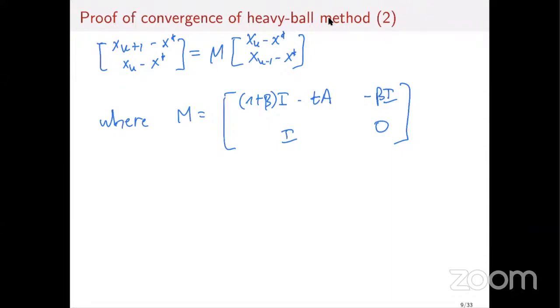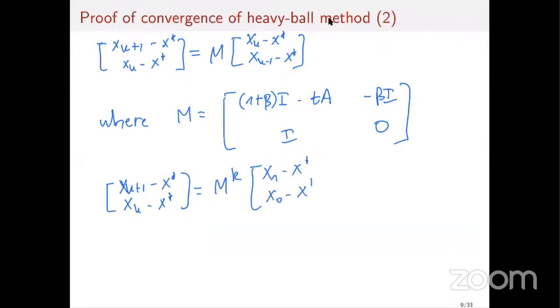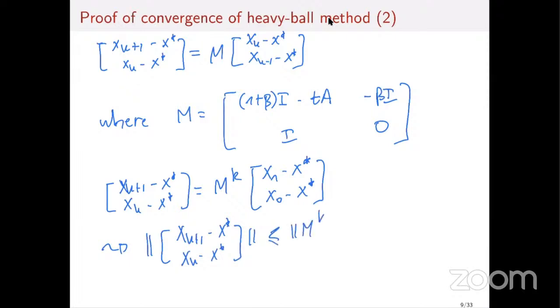So let's do this. But before I do so, let me just iterate this equation. This tells me that xk plus 1 minus x star and xk minus x star is really M to the k times x1 minus x star and x0 minus x star. So this implies that the norm of xk plus 1 minus x star and xk minus x star is less than or equal to the norm of M to the k times the norm of x1 minus x star and x0 minus x star.